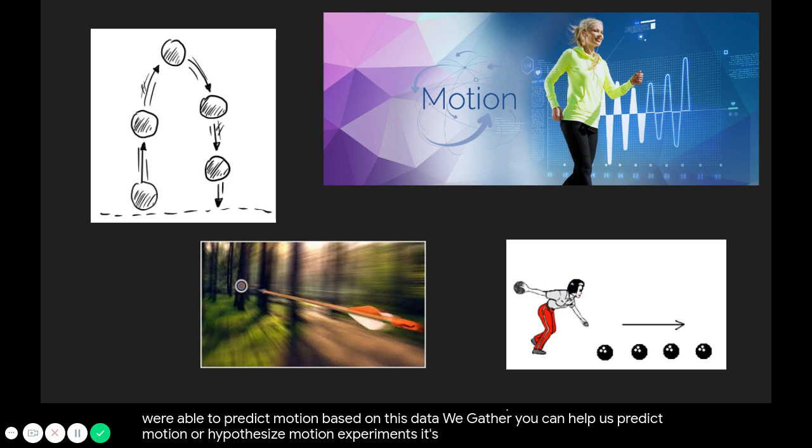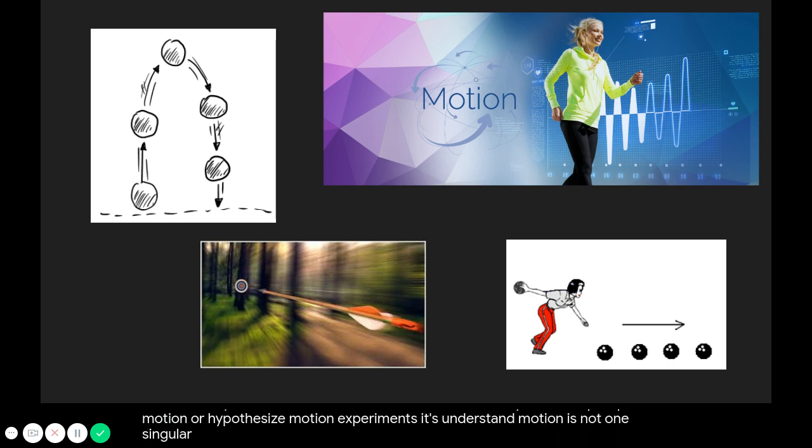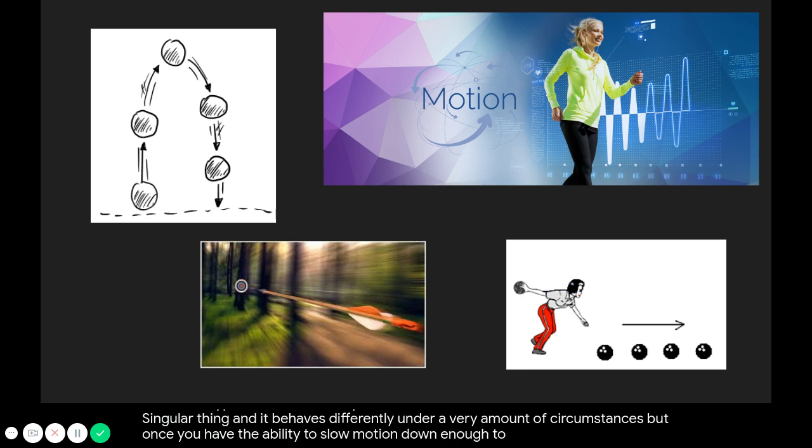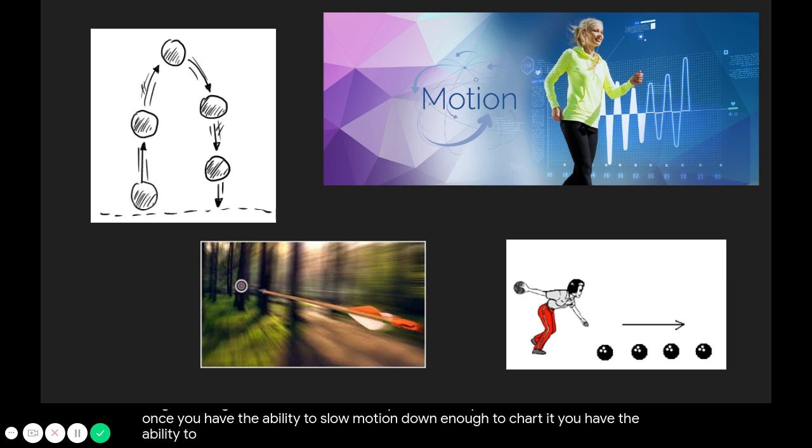It's important to understand motion is not one singular thing, and it behaves differently under a vast number of circumstances. But once you have the ability to slow a motion down enough to chart it, you have the ability to really understand what's happening.